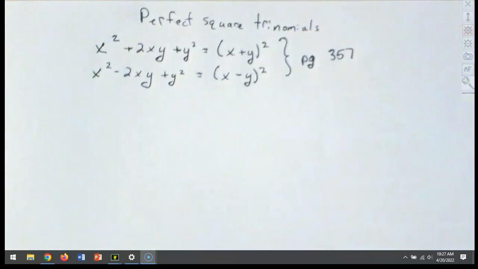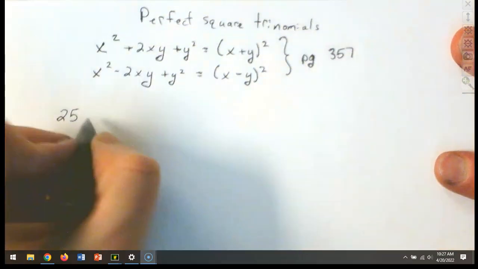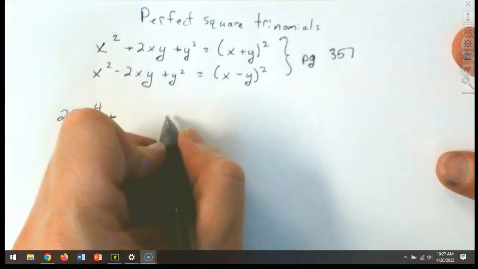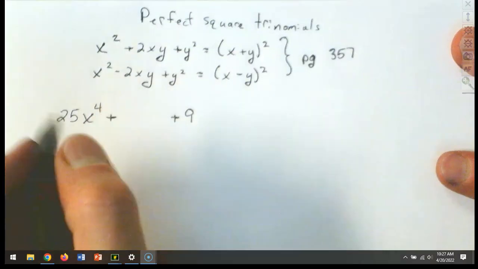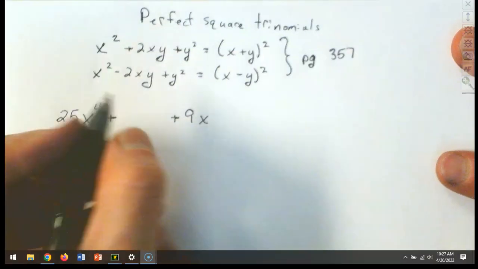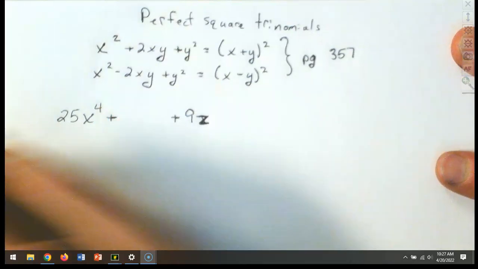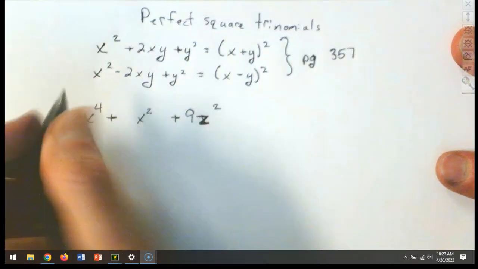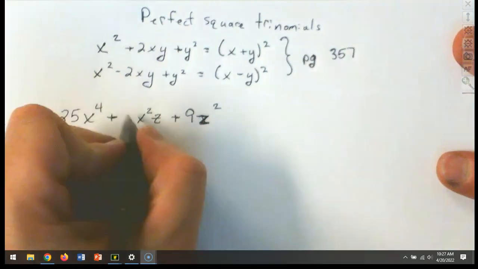They have to be perfect squares again. Okay, let's not use an x. Let's use a z. We'll use z squared here. We need x squared, z and 5 times 3, and how about a 30 in the middle?